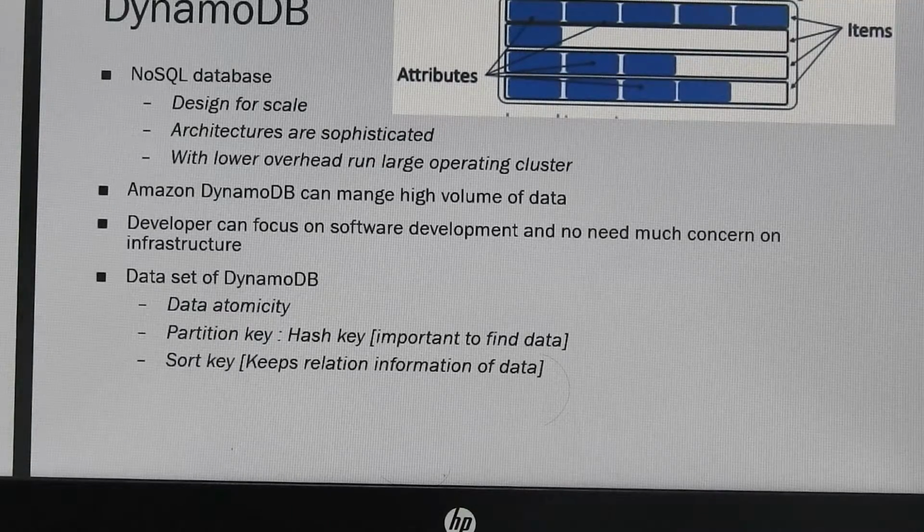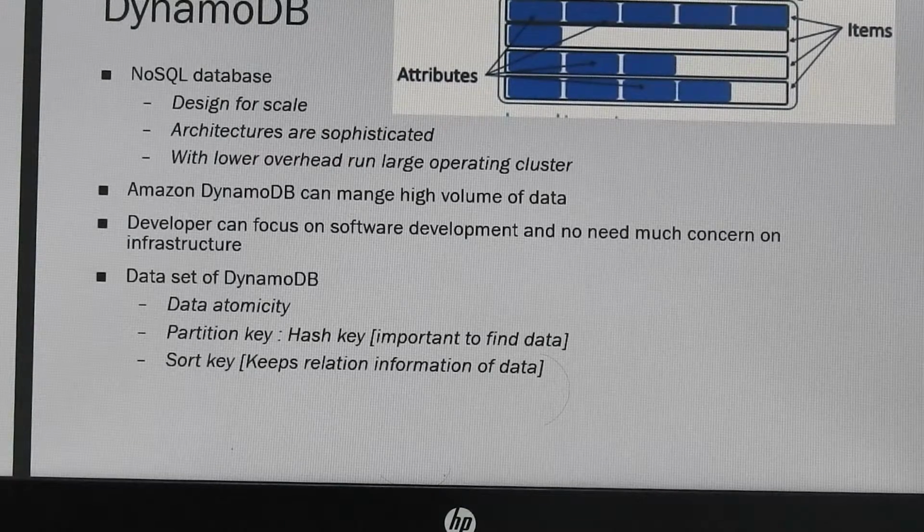DynamoDB manages high volumes of data, but you can also use DynamoDB to store small amounts of data. Do you feel we are going to pay a large amount of money? No. Even if your amount of data is very small, you are going to pay a small amount of money.